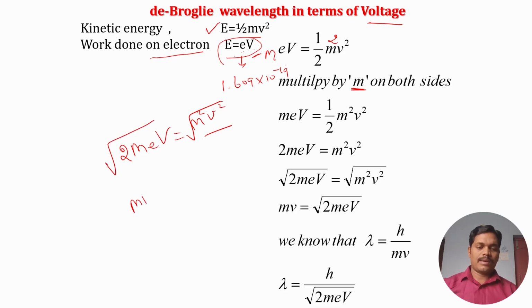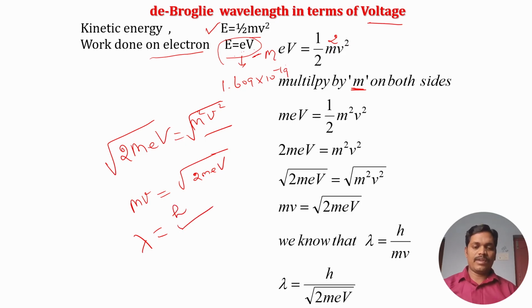So you have m into v is equal to root 2meV. We know m is the mass, e is the magnitude of the charge of an electron, V is the potential difference applied. So that mv value you can substitute in the equation. Since we know lambda equal to h by mv, it is h by root 2meV.